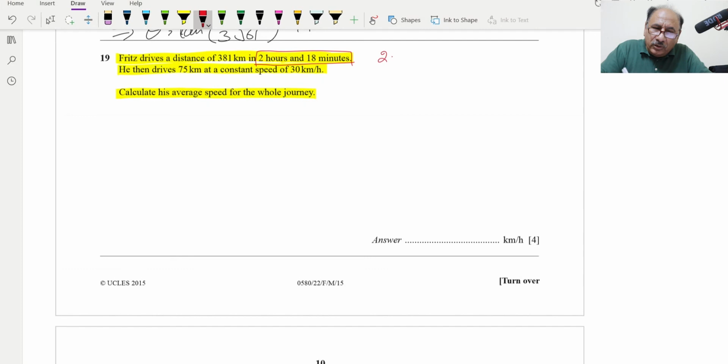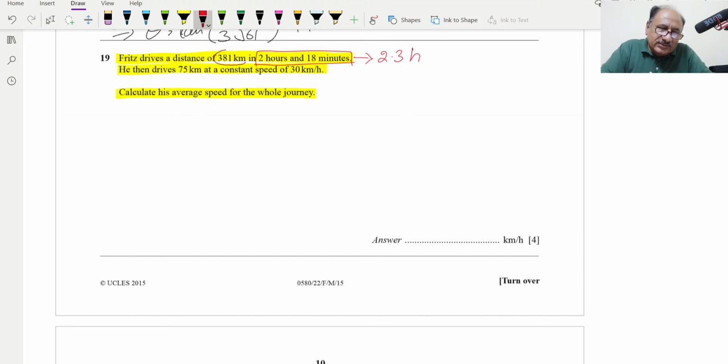So 2.3 hours is the time. We have converted 2 hours and 18 minutes into hours. Now the total distance is how much?